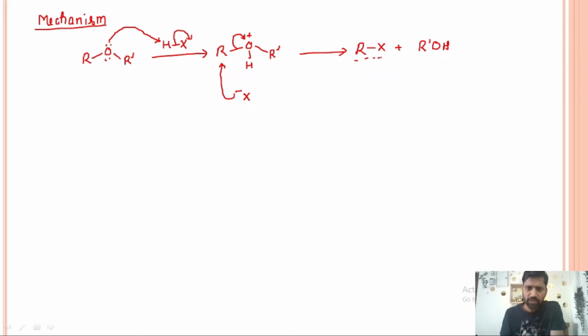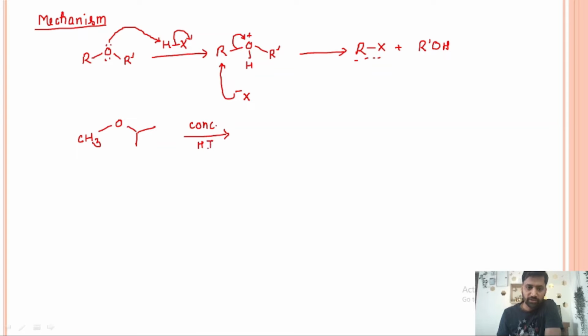Let us take an example for a particular compound. Suppose I have methyl isopropyl ether, and I have reacted it with concentrated HI.